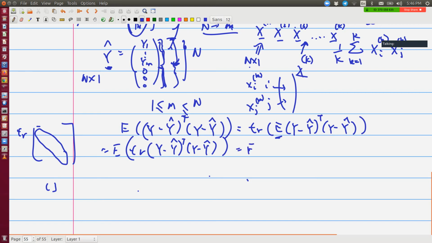Therefore it's equal to expectation of trace of (y minus y hat), then transpose. So I can flip the order now. Then I can put the trace back outside, and expectation of (y minus y hat) transpose.